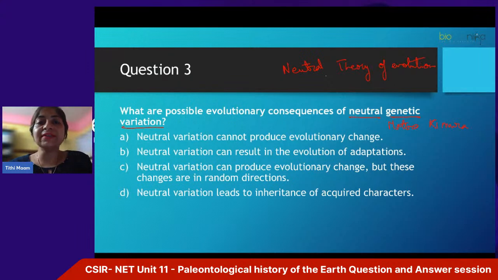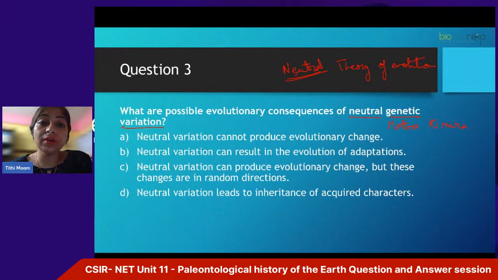In most of the cases, the variations which are continuously happening in the genome of the organism will happen in some place which does not give any kind of advantage or disadvantage to the individual. So all these changes will be selectively neutral. If these changes are selectively neutral, meaning they are not giving the individual any benefit or disadvantage, then how do we choose which variation will be passed on to the next generation or not?